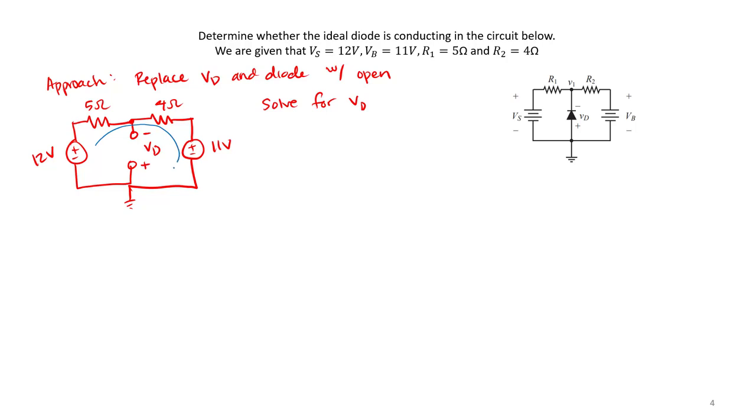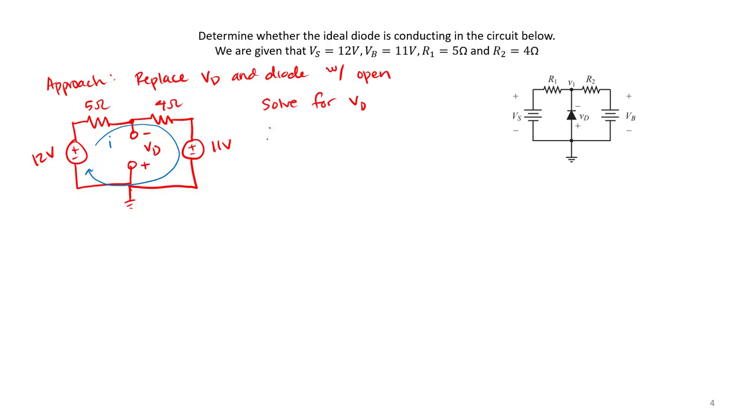So in this case, one thing we can notice is that there's going to be some current I flowing through this circuit. I'm not sure what direction yet, but I know there's going to be that current I. And we also know that we are going to have some voltage sources here that could be combined.